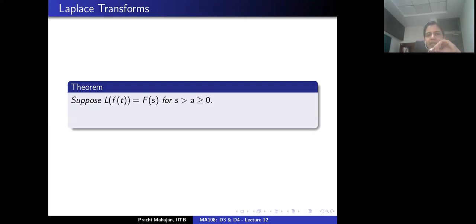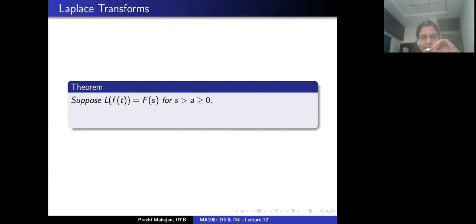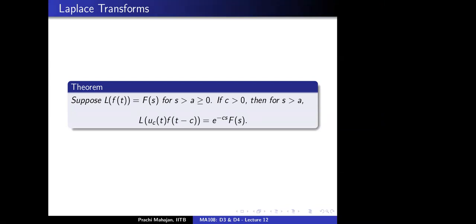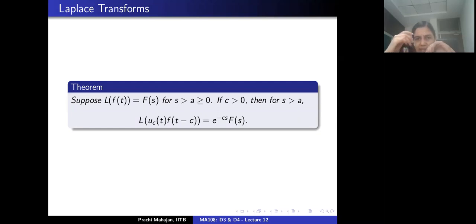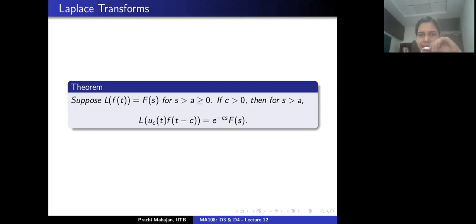Suppose that little f is a function such that the Laplace transform of f exists. I'm going to denote it by capital F. This exists for all s bigger than a. Then for some positive constant c, the Laplace transform of the function u_c(t) f(t minus c), which is precisely the function g from the previous slide, is obtained by multiplying the Laplace transform of f with exponential of minus cs.